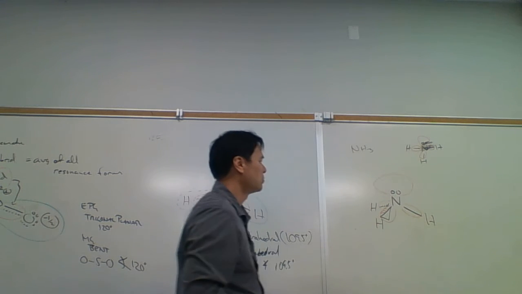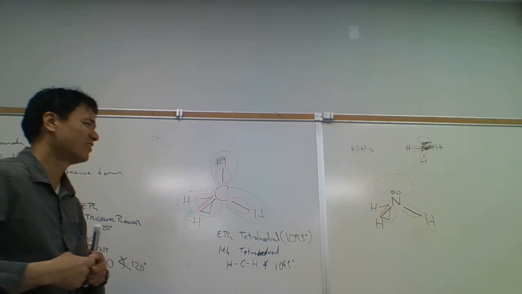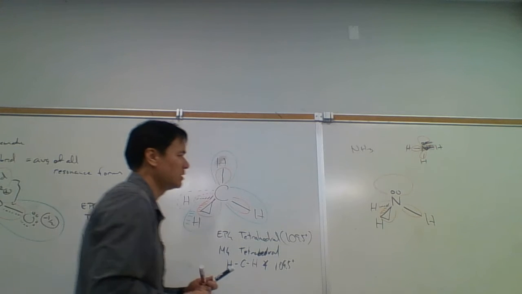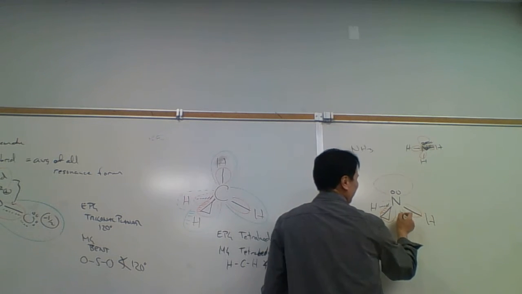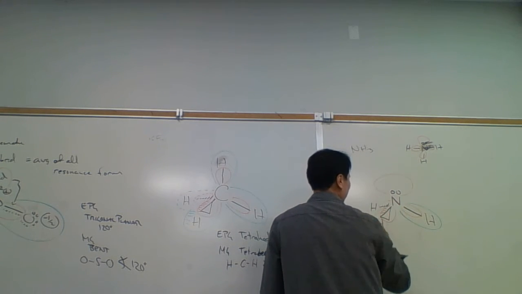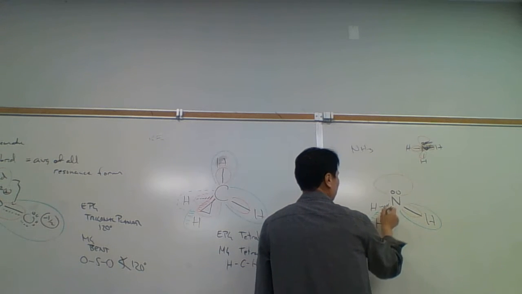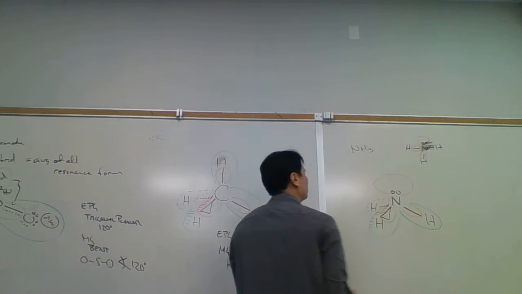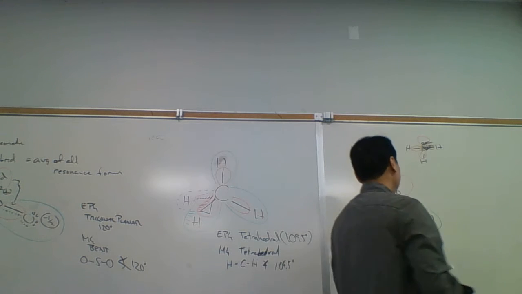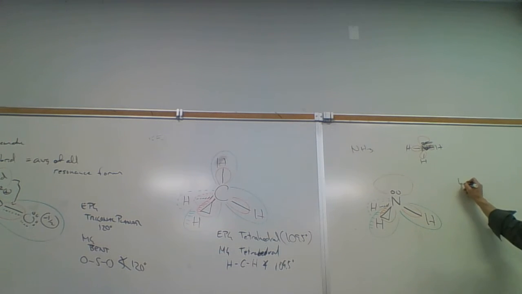When I look at the arrangement of balloons, it's got a tetrahedral shape. But when I look at the arrangement of the atoms, it's got a trigonal pyramidal shape. So this is what we're going to say: the EPG, electron pair geometry, is going to be tetrahedral, and that's going to set the angle at 109.5 degrees. But the MG is going to be trigonal.